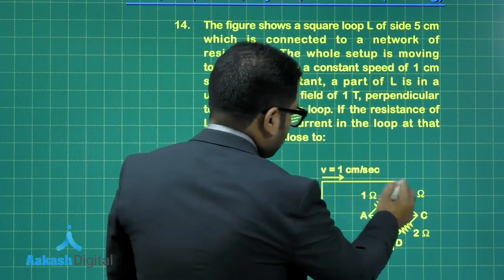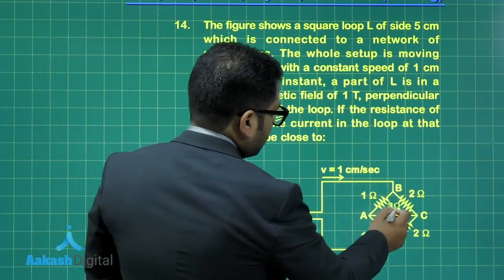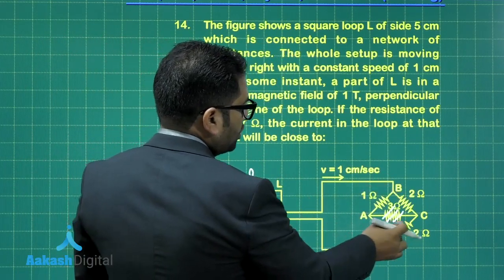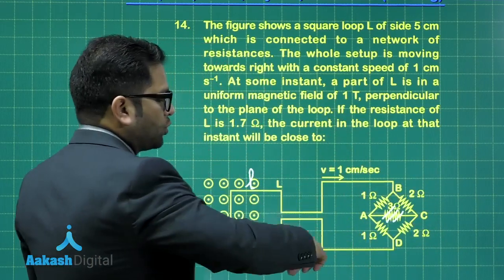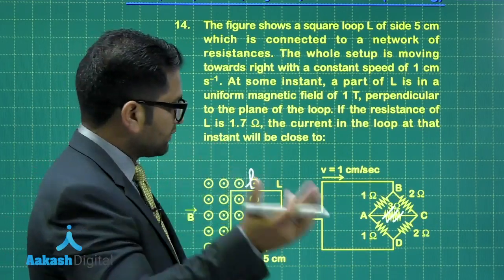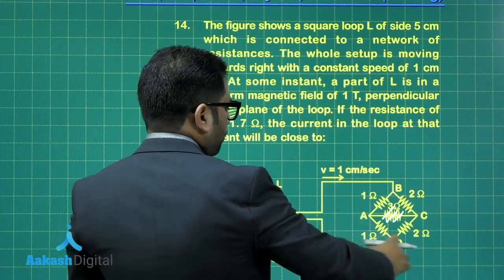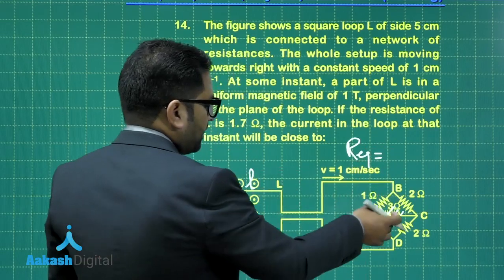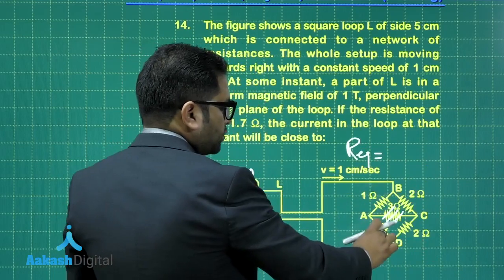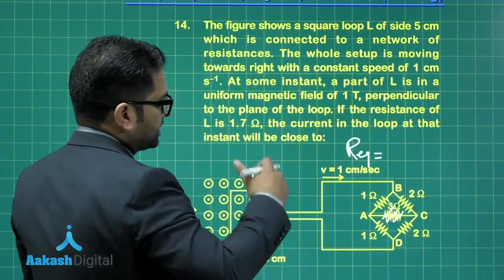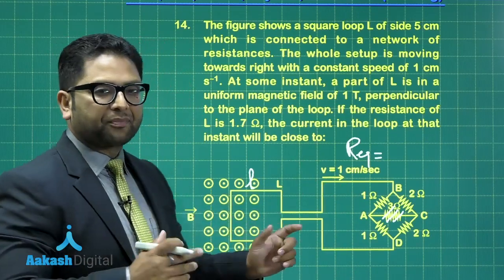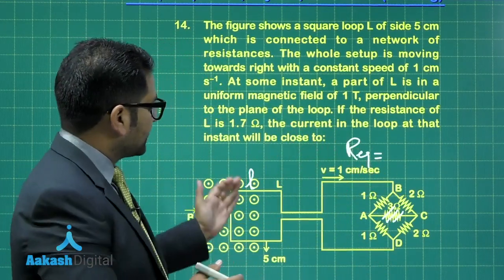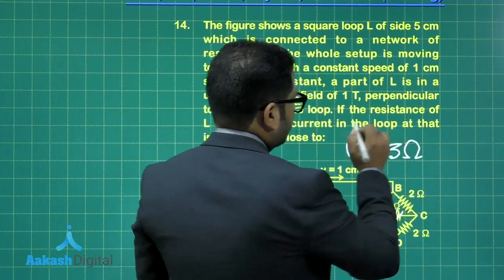All right, so if I calculate the Wheatstone bridge, this one will be off since it's balanced, and now it's so easy. 4 and 2 in parallel will be 8 by 6, which is 4 by 3, and that is in series with this. 4 by 3 is very close to 1.3, and 1.3 in series with 1.7, the equivalent resistance is 3 ohm.